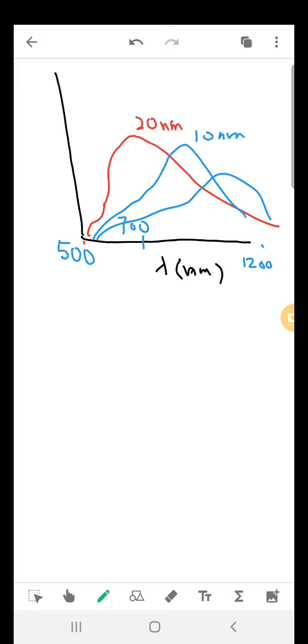So what is happening is that as we decrease the size of the shell, the resonance is shifting towards higher wavelengths.